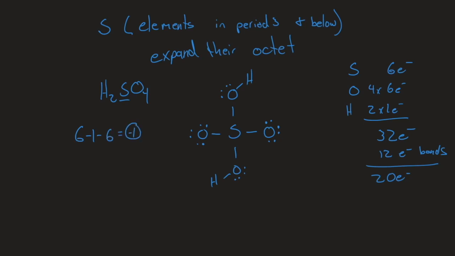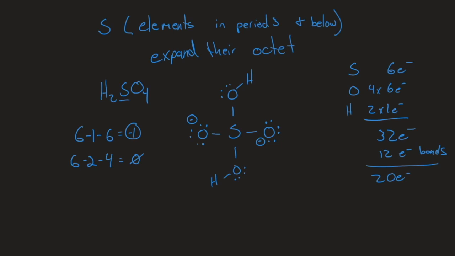That gives me -1. So any oxygen that has 3 lone pairs and 1 bond is going to have a -1 formal charge. Oxygens with 2 lone pairs, again, start with 6 valence electrons, but they form 2 bonds and only have 4 electrons around them. So that gets me a 0 formal charge.